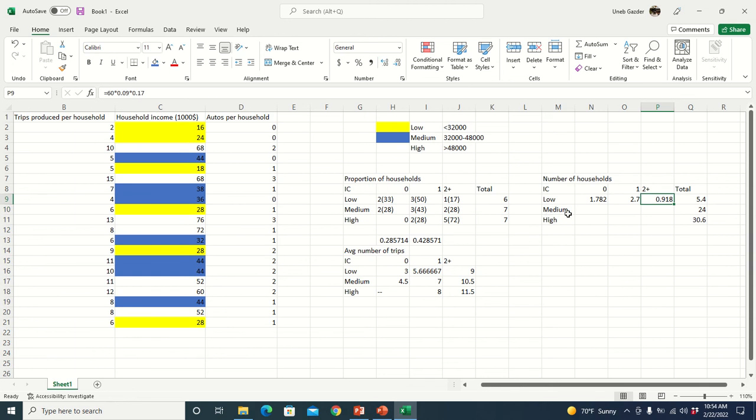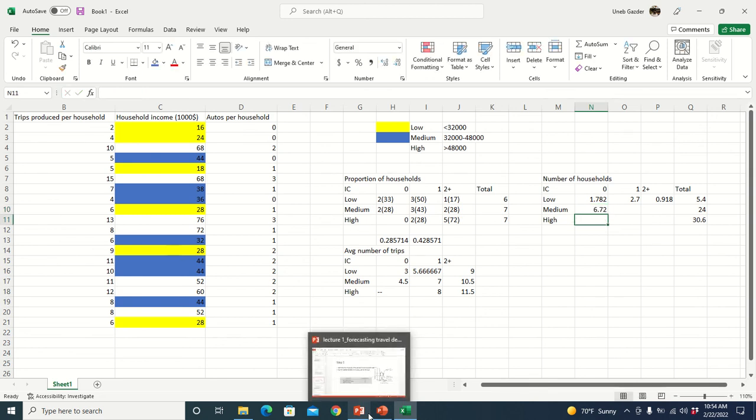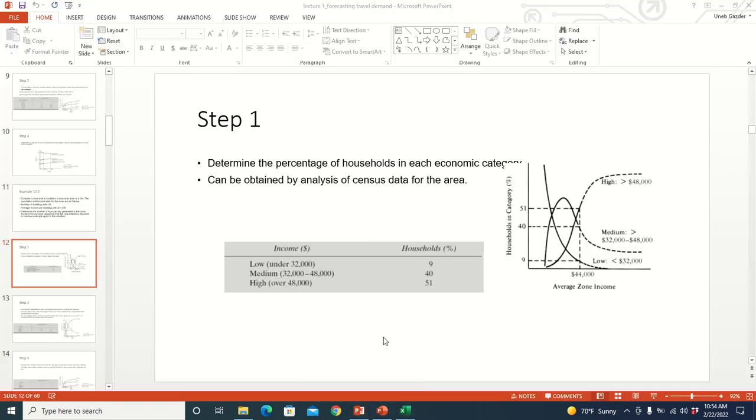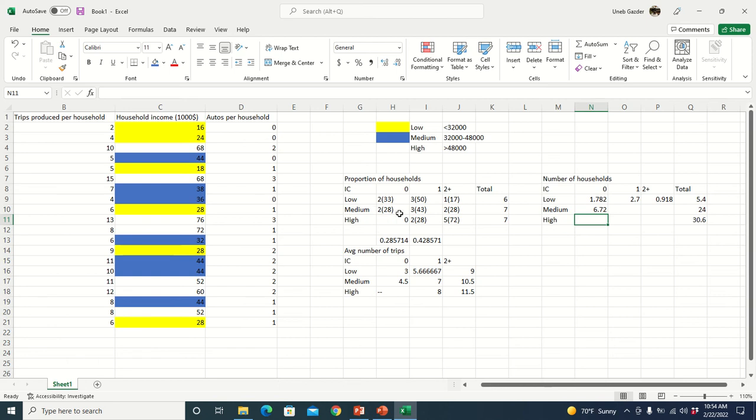Okay, then I can do the same thing for medium income. So 60 multiplied by 40% multiplied by 0.28. So I'm taking the percentages from here for each income category, okay, and then multiplying with the percentage belonging to each autos per household, okay.